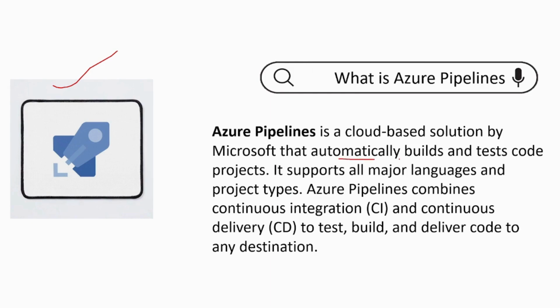It automatically builds and tests the code. Do not worry about continuous delivery for now, as this video is targeted on continuous integration only. Azure Pipelines helps us implement this sort of workflow.